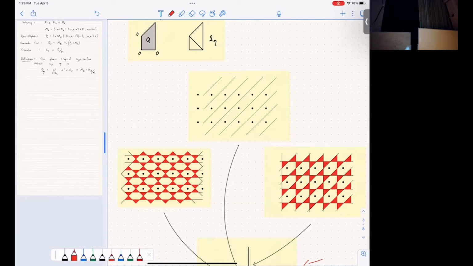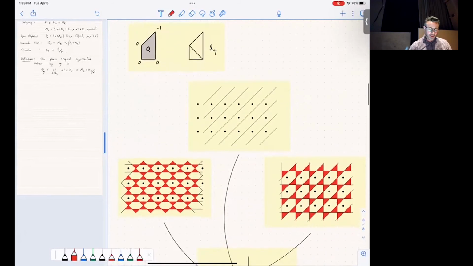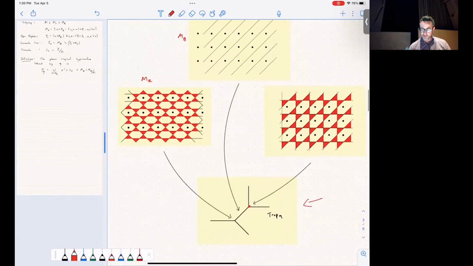Yes, it's the same as in the definition here. There's no MR cross R yet. The only place where this is NR, this lives in NR, but everything up here is MR. Everything is in the dual, including the tropical.